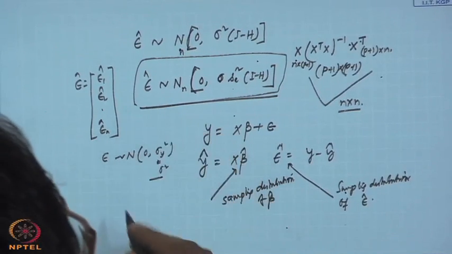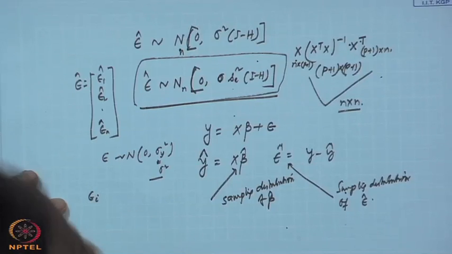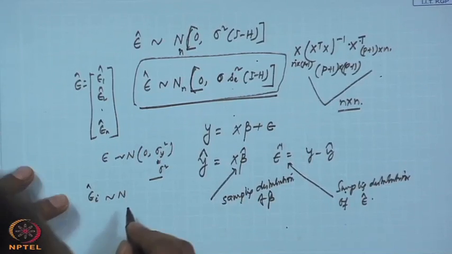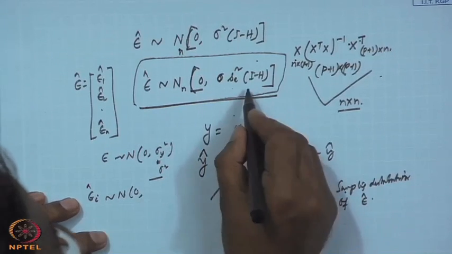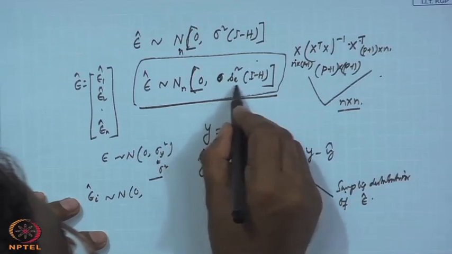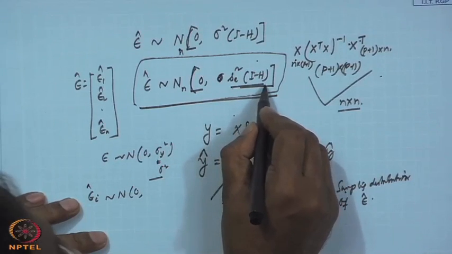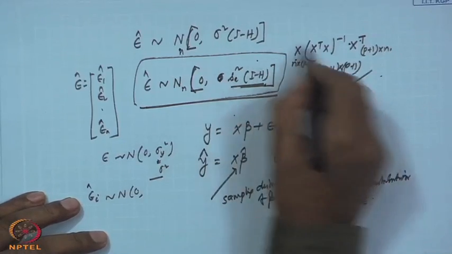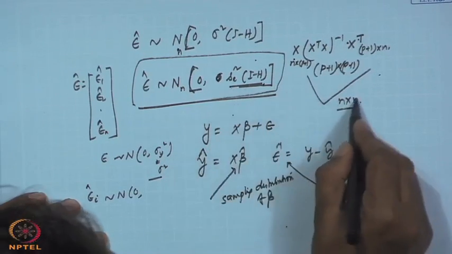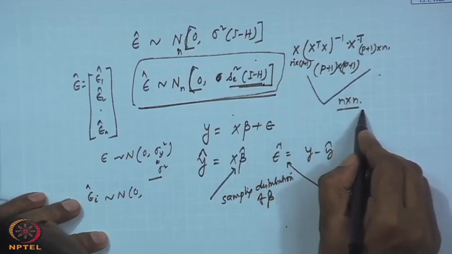Now, if you take a particular epsilon i cap, what will happen? This is definitely univariate normal with mean 0, and what will be the variance component? The variance component will be this one. That particular variance component you have to find out, because, as you have already seen, it is a matrix of n cross n.